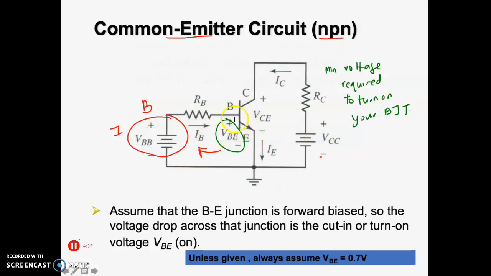Because between B and E you have a diode, we can call this V gamma in a diode, but inside your BJT we call this VBE. Let's say your VBE is 0.7. If the voltage at VBE here is 0.5, will the diode be turned on or off? It will be off, unless you increase it to 1 volt, and 1 volt is more than 0.7, right? Then your transistor starts to turn on.